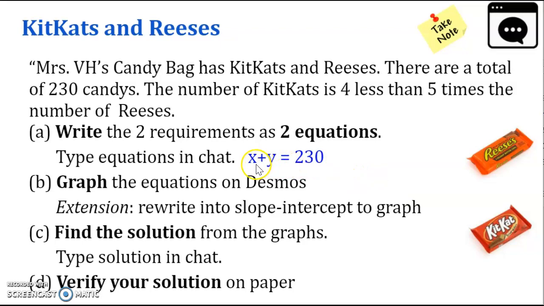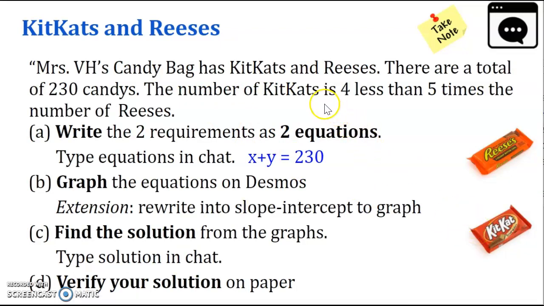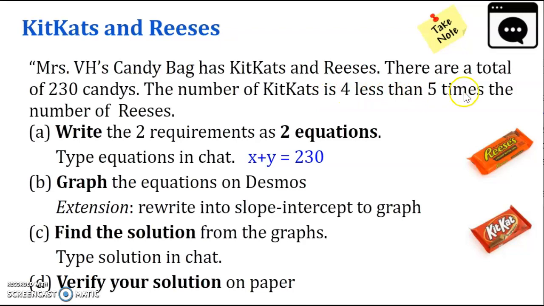You should have x plus y is equal to 230 because that's the first sentence. There are a total of 230 candies. That means however many x's of Reese's we have plus y is going to be 230. The number of Kit Kats, that's y, is 4 less than 5 times the number of Reese's. So you need to read this carefully. 4 less than, okay, which has more? Are you going to have more Kit Kats or more Reese's?